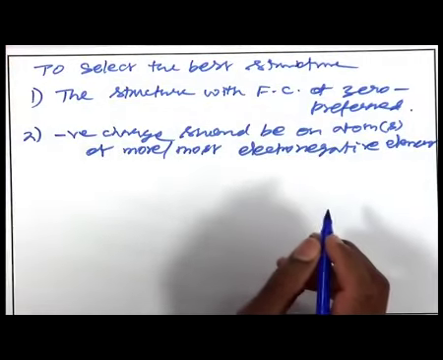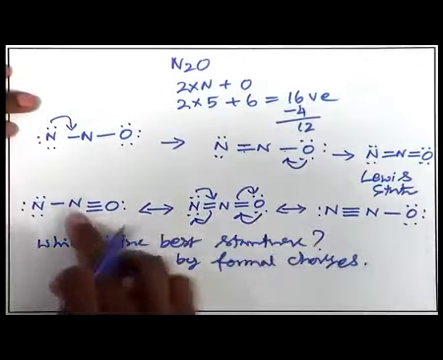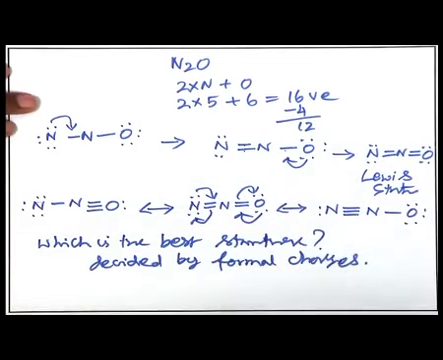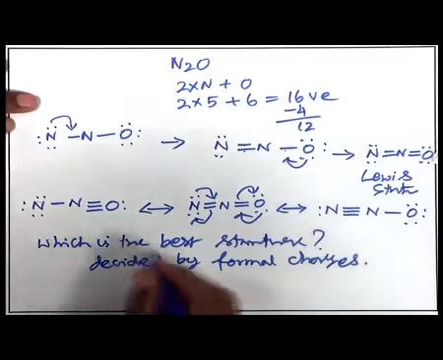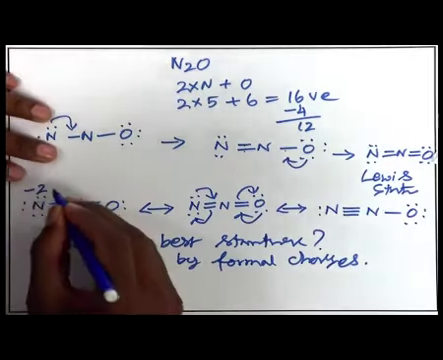Now if you look at these 3 molecules, we have to find out the formal charge for all of them. When you do the formal charge for all of them, you will find that it is minus 2 here. You can calculate.